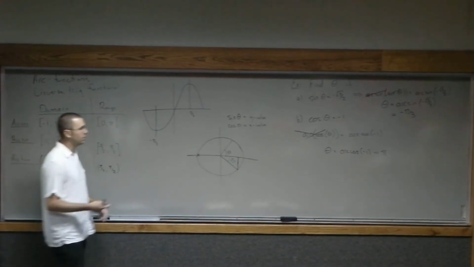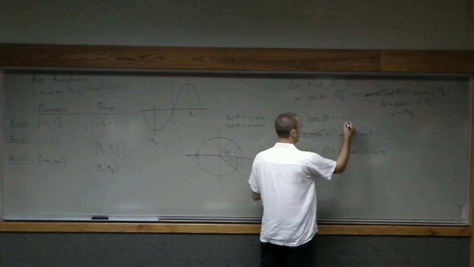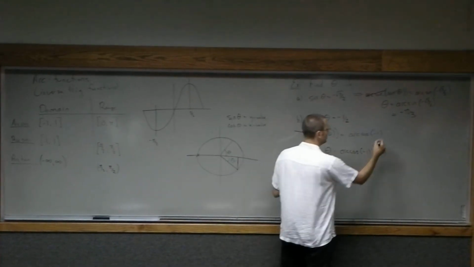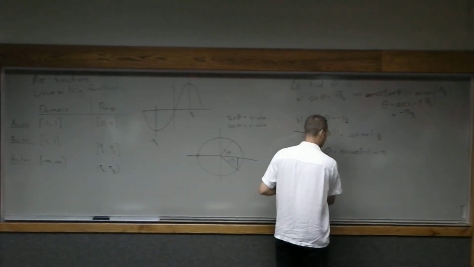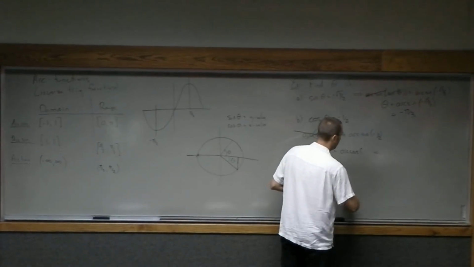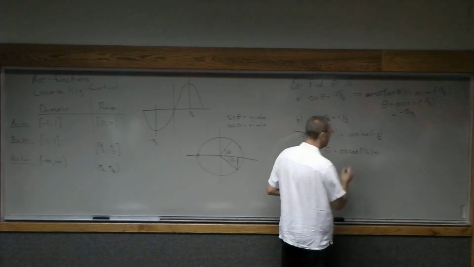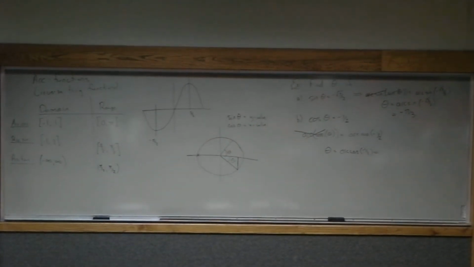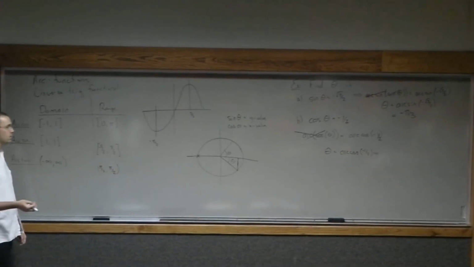If I was to change this one slightly, and instead of asking for -1, I was to ask for -0.5. That's an additional problem to do. Alright. Well, where is that angle in terms of my unit circle? Where is the angle that has cosine value equal to -0.5? Which quadrant is that?